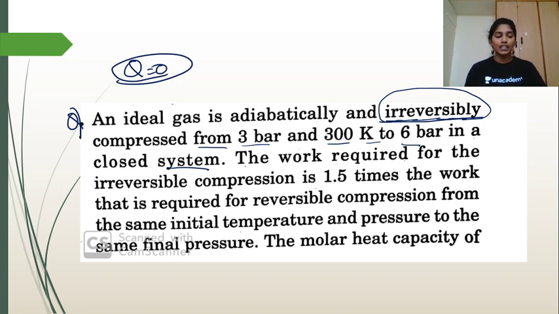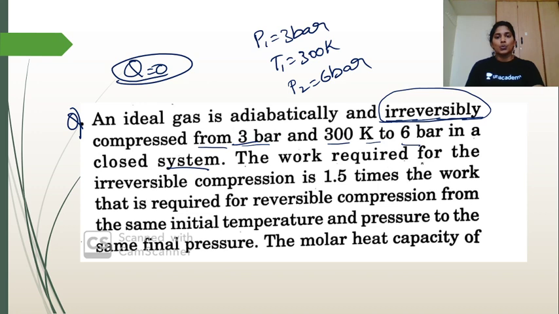I will tell you how irreversible work and reversible work can be related. The initial conditions are P1 equal to 3 bar, T1 equal to 300 Kelvin, and P2 equal to 6 bar. So what are they asking?